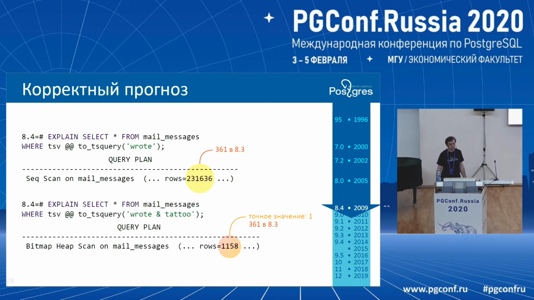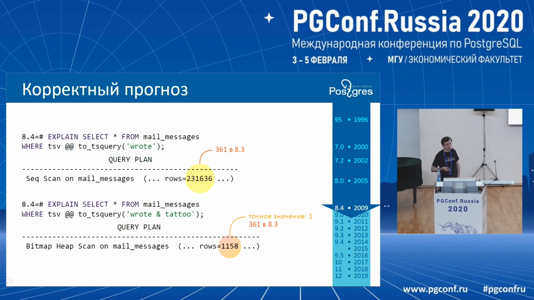And so in the previous version, 8.3, doing a search for the word road in the hackers mailing list gives us a small amount of results. Version 8.4 is already able to understand this and to give the correct estimate: approximately 2/3 of letters contain this word.